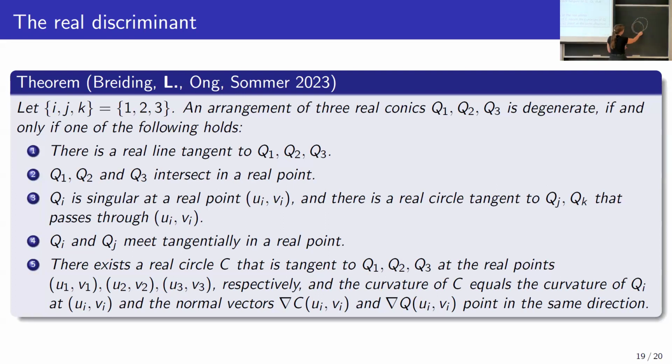So I can't have a point of tangency where the normal vector for both the conic and the circle are in the same direction, and also the curvature at both is the same. So I can't have this nicely nested situation like this. This one maybe is the least clear why that couldn't hold, but like I said, it comes out very naturally from looking at the Jacobian dropping rank.